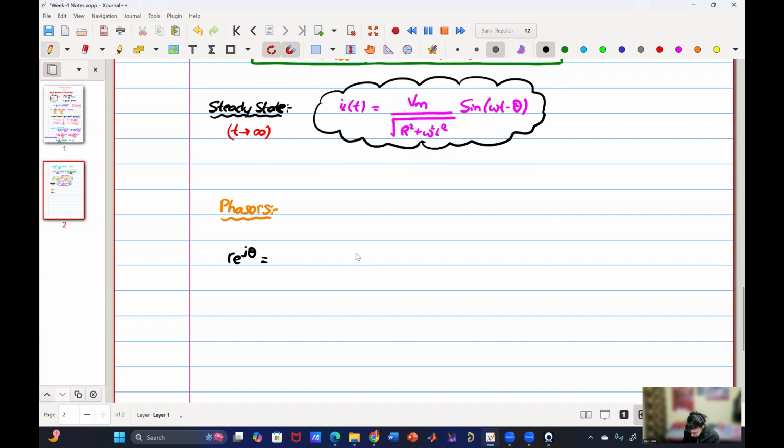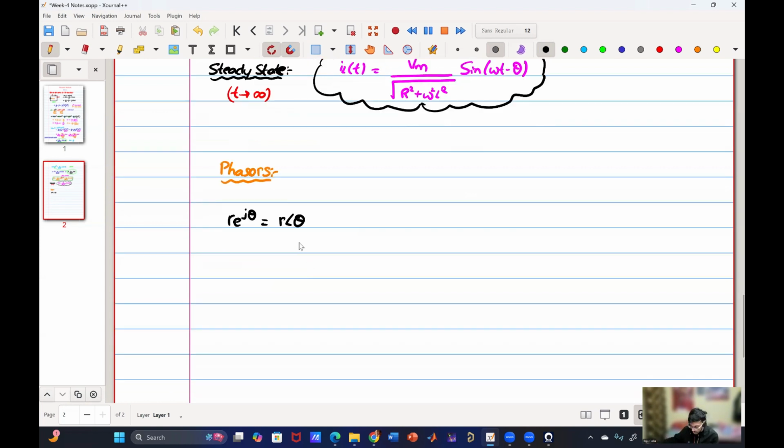R corresponds to the magnitude and theta corresponds to the angle. So in the case where my input is something like this, my input is Vm cos. So another thing: R e to the j theta is what? R cos theta plus j R sin theta.